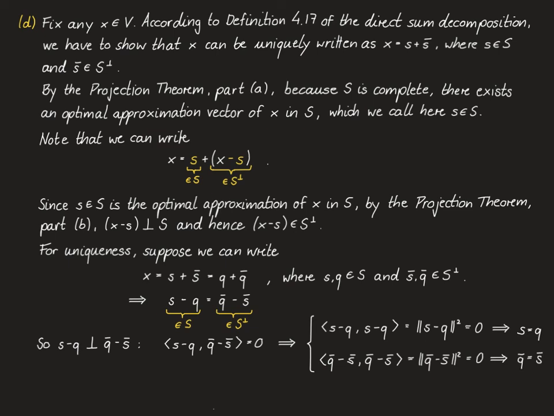Because the norm of a vector is 0 if and only if the vector itself is 0, the first equation implies that s equals q, and the second equation implies that q bar equals s bar, and hence we can deduce that these two decompositions are one and the same. And we have finished the proof of uniqueness.